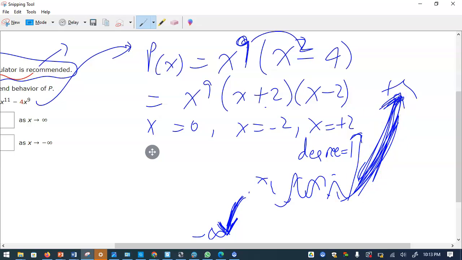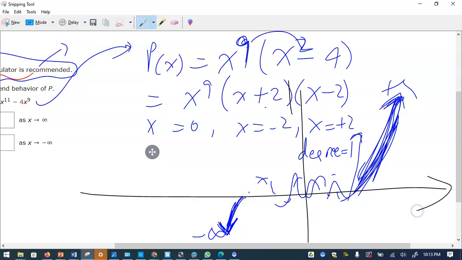So if I try to draw the x-axis and the y-axis, it means when x becomes a very large positive number, the graph goes up, so y is very large positive.